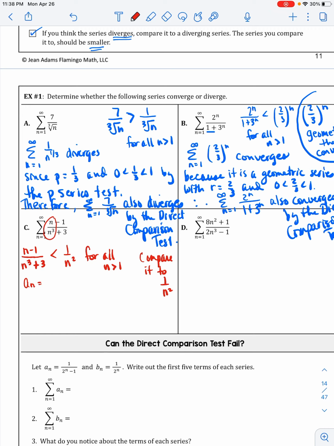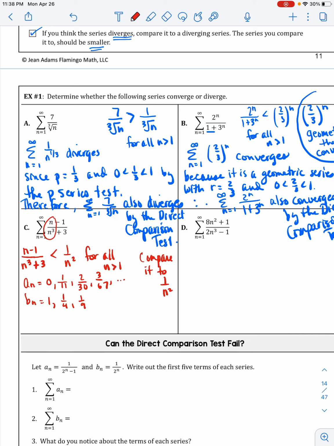And if you wanted to, you could look at your a sub n. N equals 1 would be 0. N equals 2 would be 1 over 11. N equals 3 would be 2 over 30. N equals 4 would be 3 over 67.